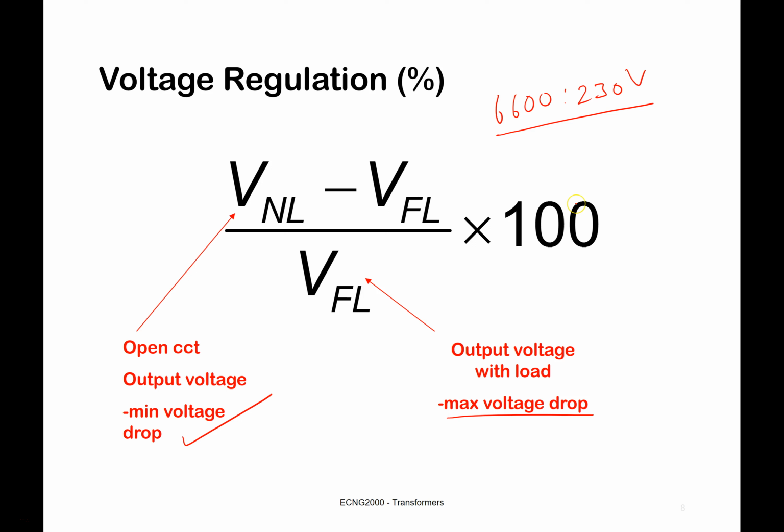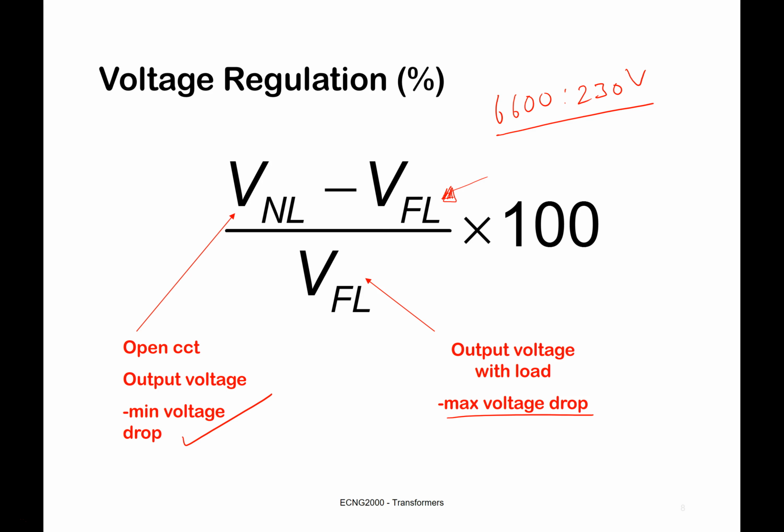But as I increase the current because of the series losses, I would notice that this is going down. But if I have very good regulation, it won't go down that much, and I would still get, even with a full load current, close to 230 volts. So that is for a very good case. So that means the regulation is very small.